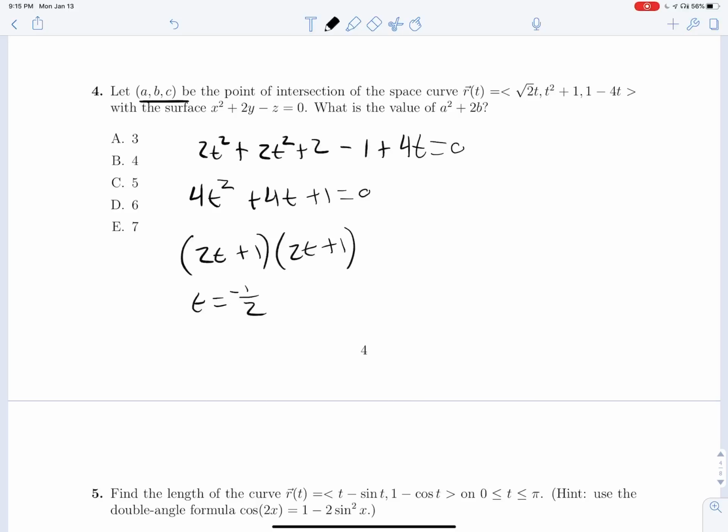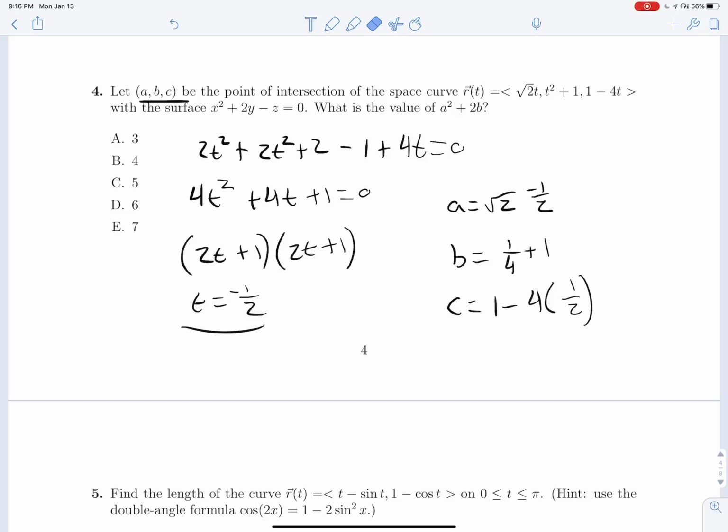Okay, that's good. And we are told that ABC is this point of intersection. We know that at this point of intersection, A is going to equal root 2 times our t value, which is negative 1/2, that B will equal t squared plus 1, so 1/4 plus 1, and that C is going to equal 1 minus 4 times negative 1/2.